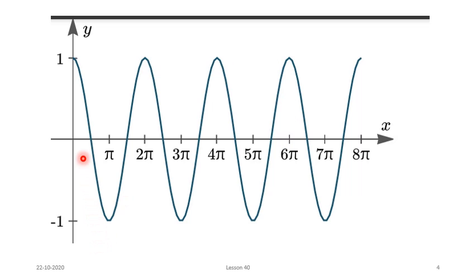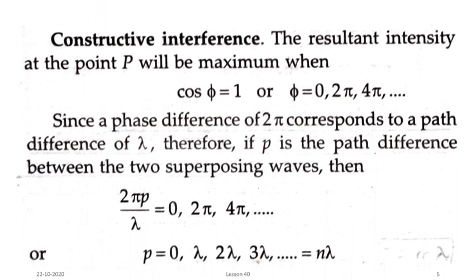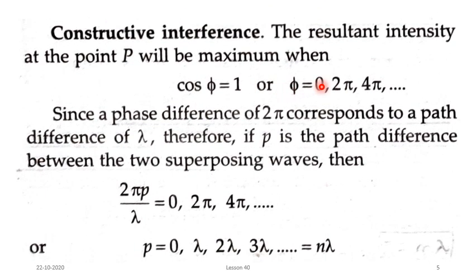So what do you notice? We notice that whenever this angle is an even multiple of pi, then cos phi will be positive. So when phi equals 0, 2 pi, 4 pi, and so on, cos phi is 1, and this is the maximum value for cos phi.